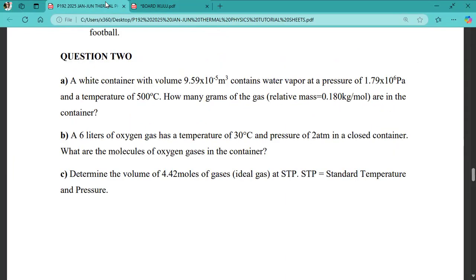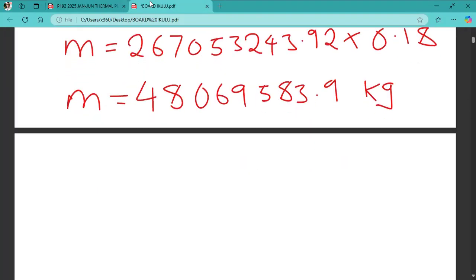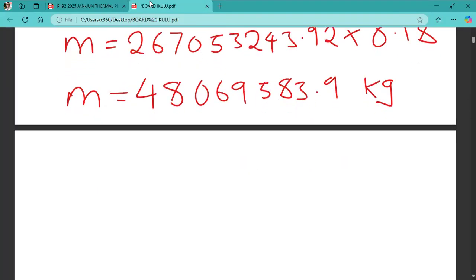How many grams of the gas are in the container? So what are we going to do here? To convert this kilogram into grams, we're just multiplying it by 1000, but it's already a huge number.